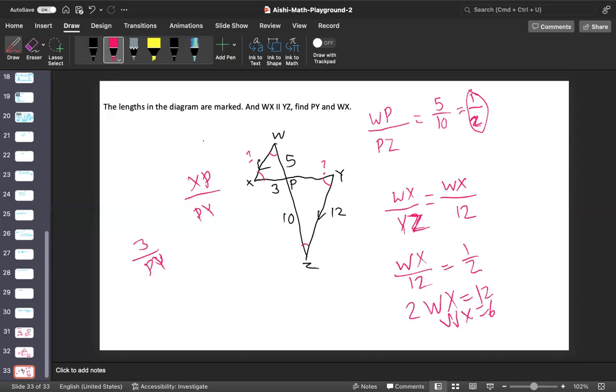So now we know that this is equal to 1 by 2. Let's cross multiply again, and we end up with BY is also equal to 6. So WX and BY are both equal to 6.